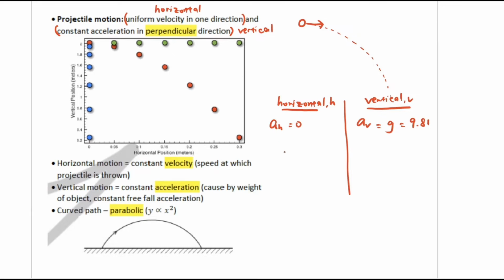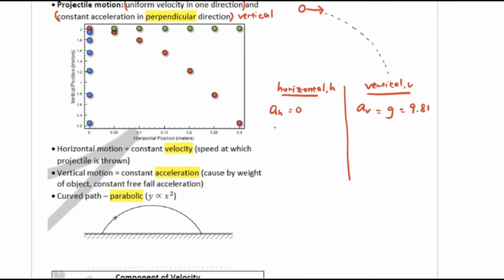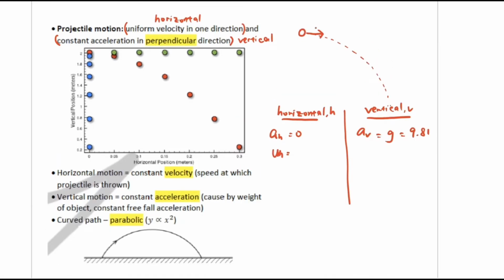Okay, so what else do we know? We also know that the horizontal initial speed is, you throw your ball horizontally. So let's say the speed is u. So the horizontal initial velocity is u.